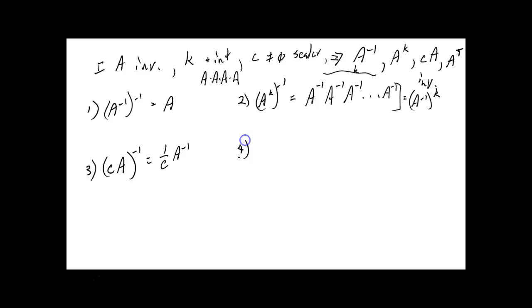Okay. Number 4. Let's do the last one. A transpose. What is its inverse? It's said up there it has one. What is it? A lot like what we did with the multiples, we're going to do here too. That would be A inverse transposed.